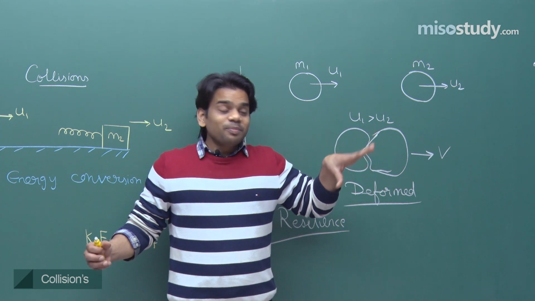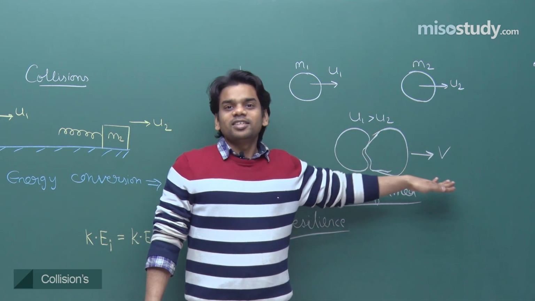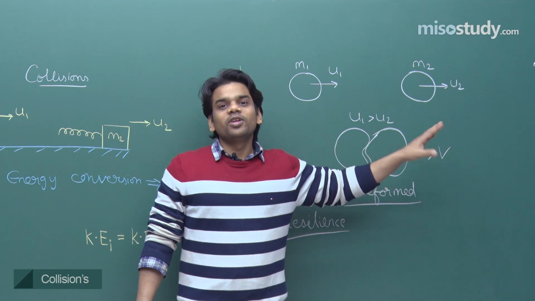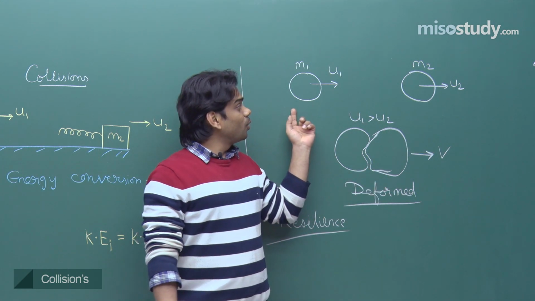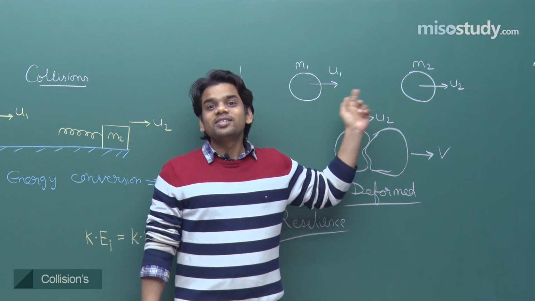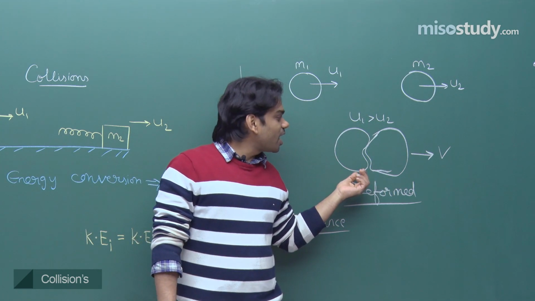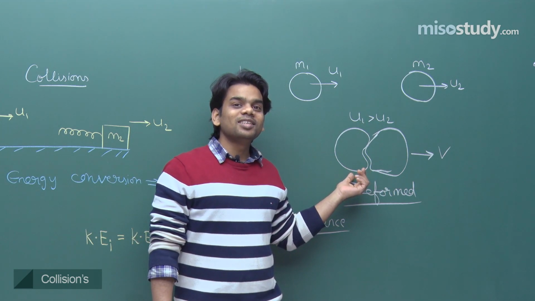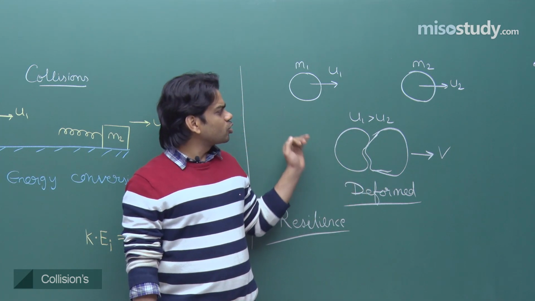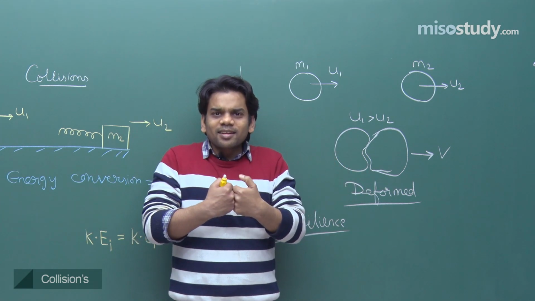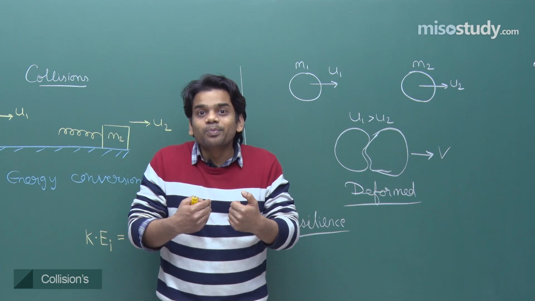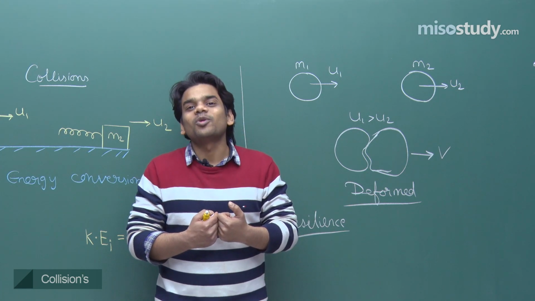Now see, I told you at this instant it is going with one unique velocity. Initially both the objects have some kinetic energy, and during the time when they were in contact with each other, kinetic energy is lost, and that kinetic energy is converted into potential energy of these two deformed objects.